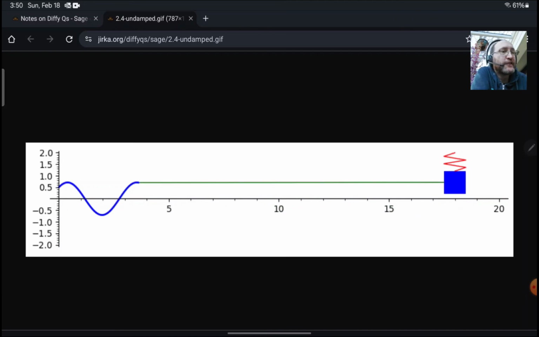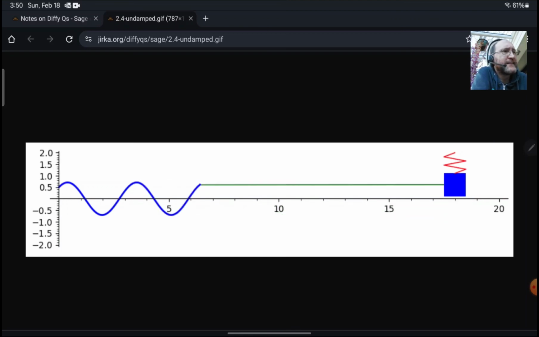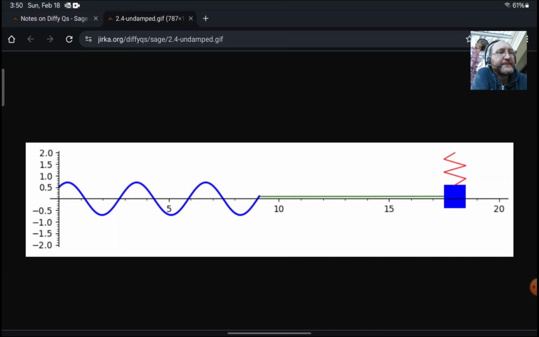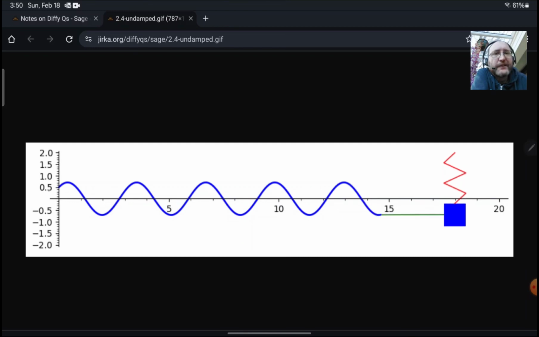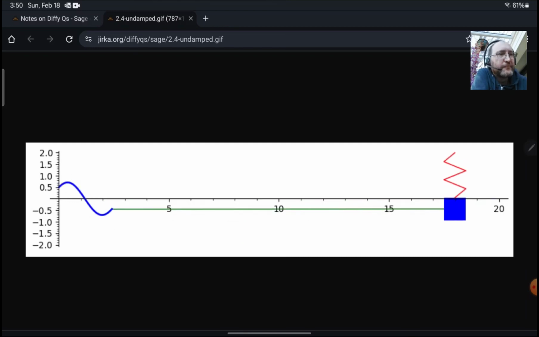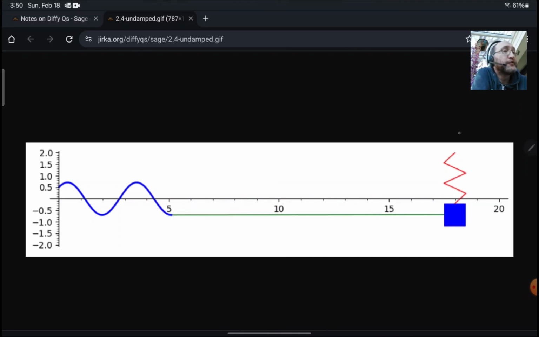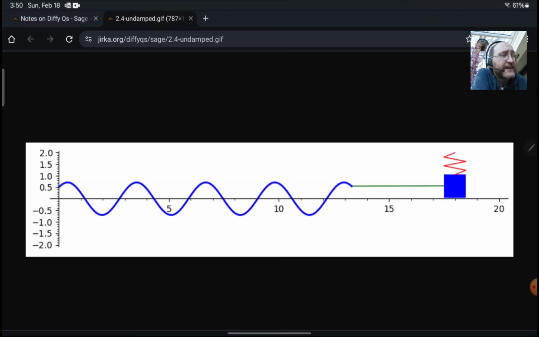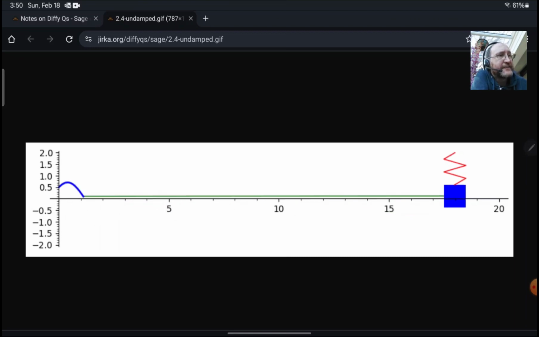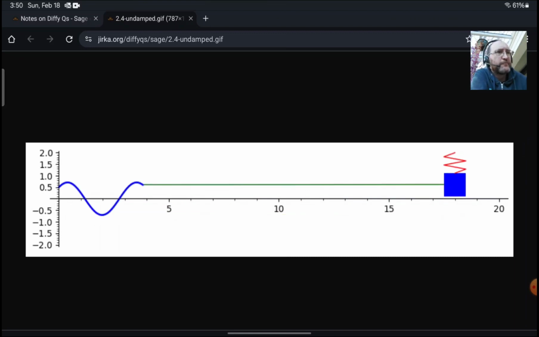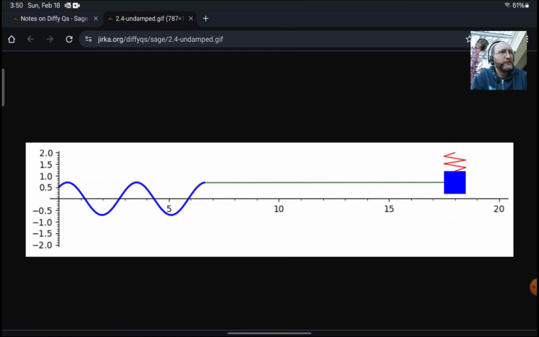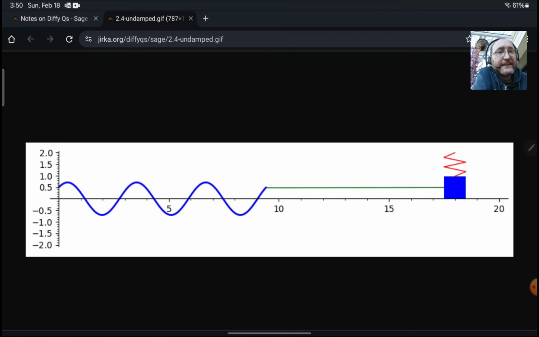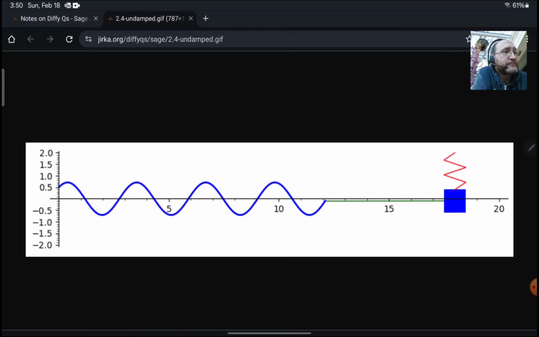The horizontal axis is time, the vertical axis is x, and you can see how the graph relates to how the mass is moving. As time keeps going forward, we get this sine wave, and that's precisely how the mass is moving. You can think of the x-axis as horizontal, maybe looking at this from the top, and that's the motion it makes.